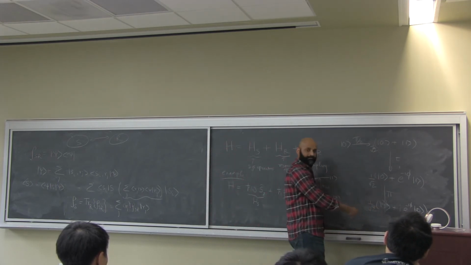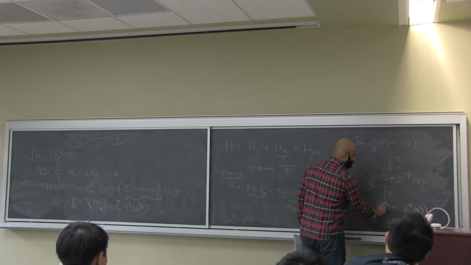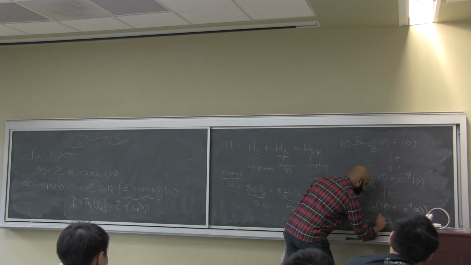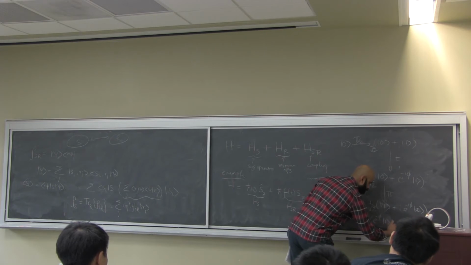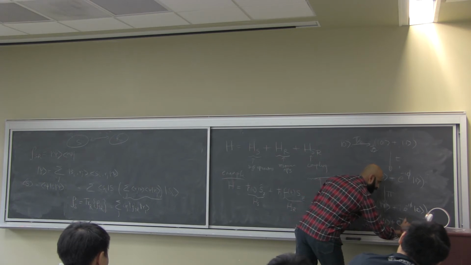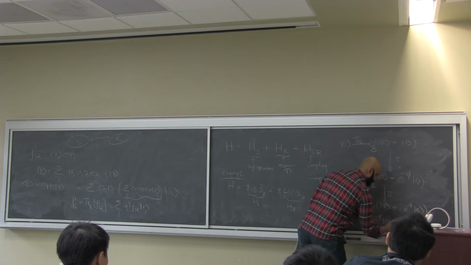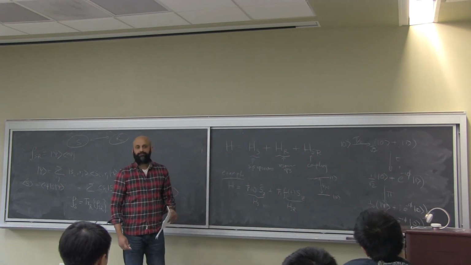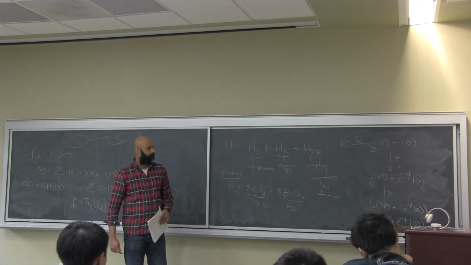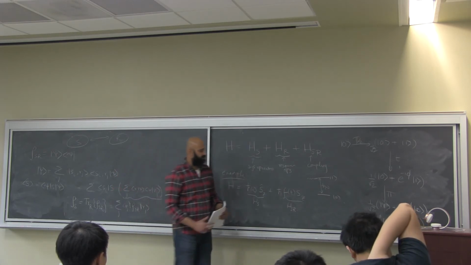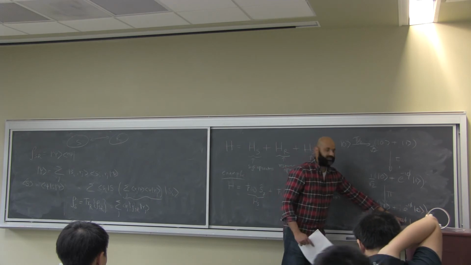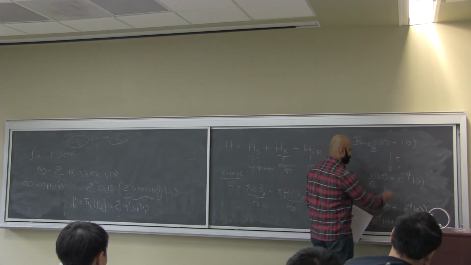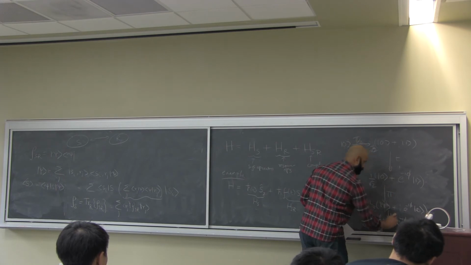And now when I evolve again, I get e to the minus i phi over here plus e to the minus i phi over here. And now I can factor out the e to the minus i phi and I recover the original state, 1 plus 0. Okay? The reason I can do this is because I'm assuming these phases are the same in both evolution times, t. I'll let it evolve again over time t.